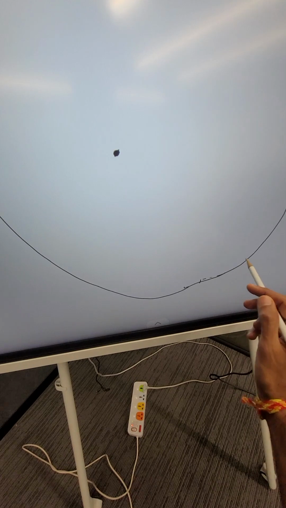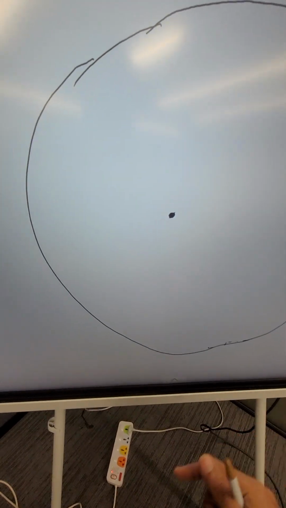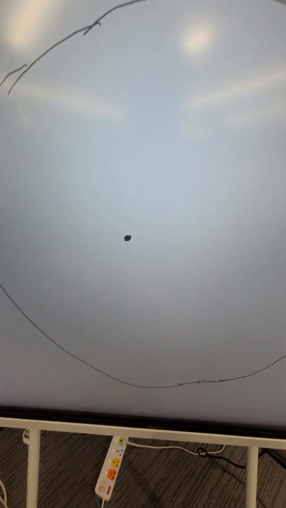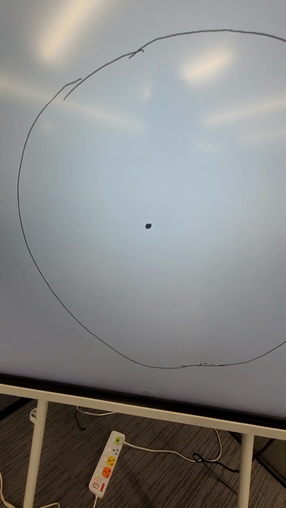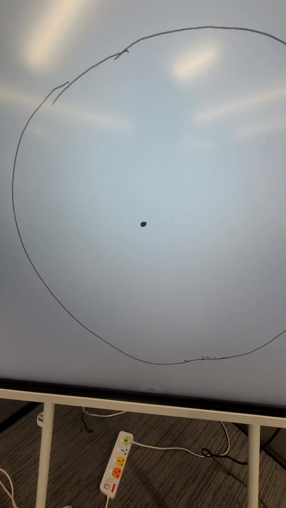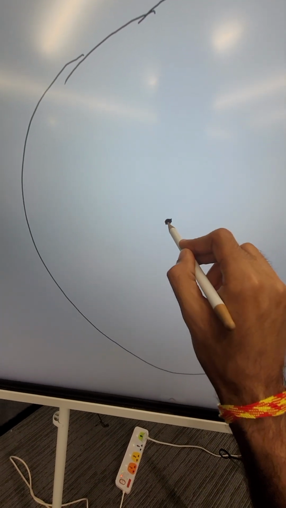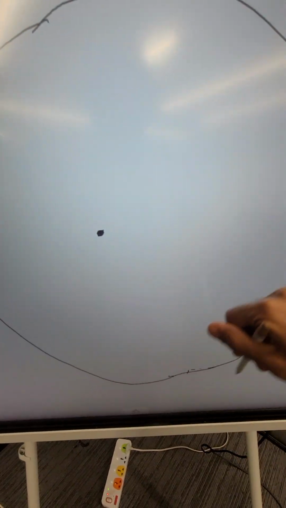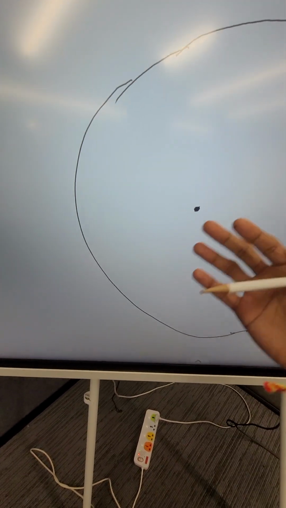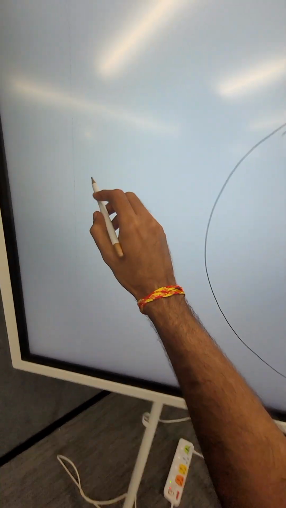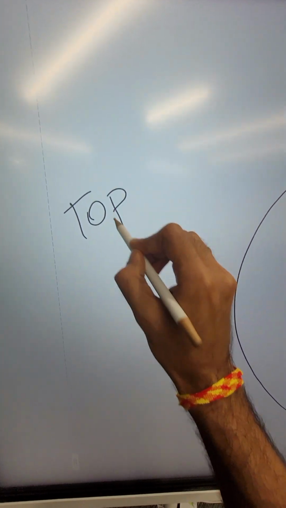I should have drawn the circle first and then put the center. Anyway, this is the circular area affected by the bomb blast. The blast happens at this point, and we are looking at the ground from the top view.